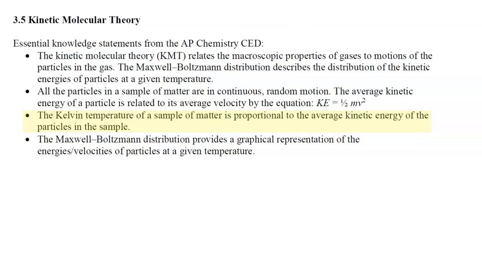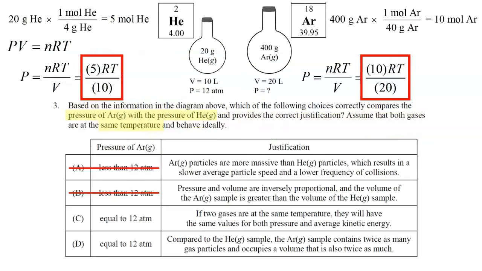So that tells me that if I have two gases at the same temperature, then they have the same kinetic energy. But that's it. It says nothing about the pressure. So yes, these two gases would have the same temperature and the same average kinetic energy, but I can't assume that they would necessarily be at the same pressure. Just because they're at the same temperature, that's not a guarantee that they have to have the same pressure.